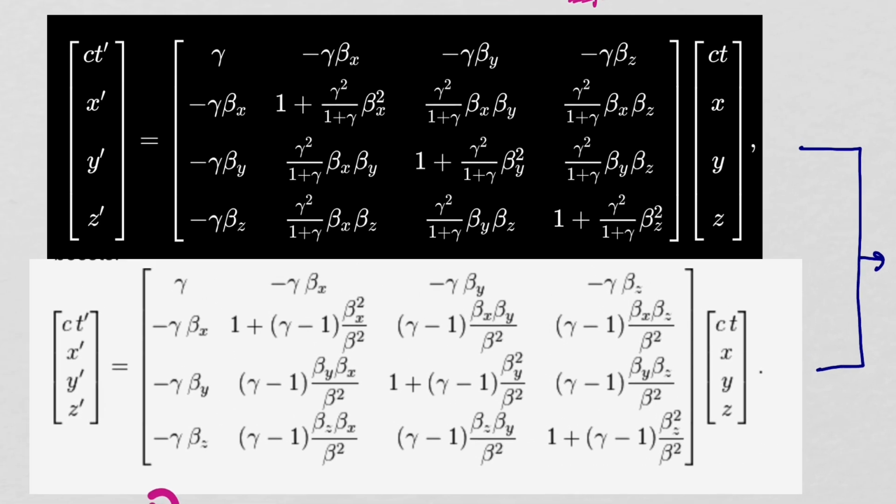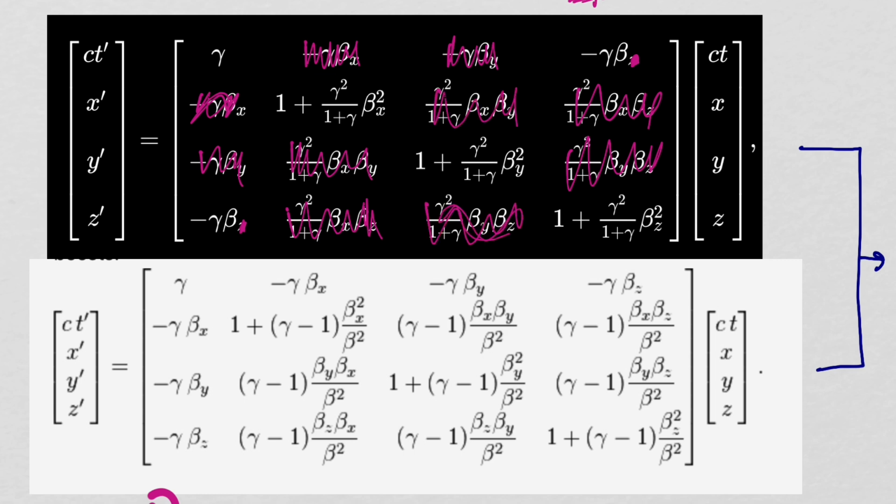So what would it look like? Well, beta x is 0, beta y is 0, and beta z equals beta, right? Everywhere where I see a beta x or a beta y, those terms are going to be 0. So this is 0, this is 0, this is 0, this is 0, this is 0, and this is 0.